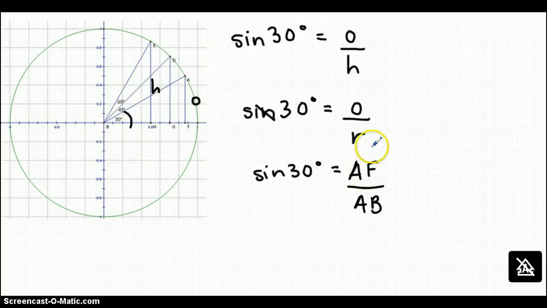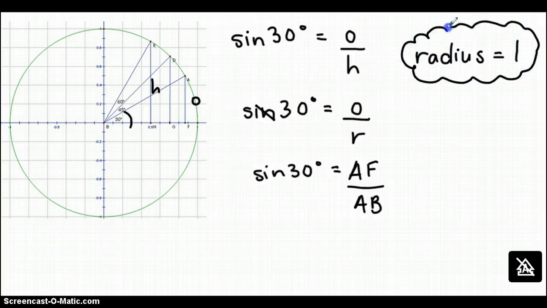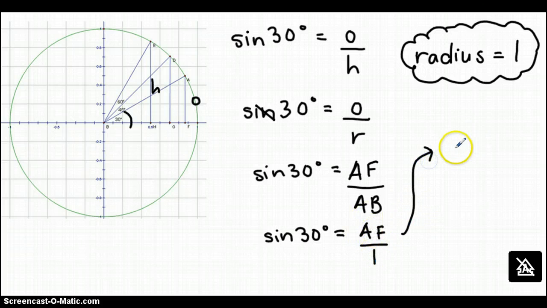So we now know that the radius, because this is a unit circle, is equal to 1. So where R is, or where AB is, we're going to substitute the value 1. So we have AF over 1. And we know that when we divide anything by 1, it just gives us that value. So right here we have sine of 30 degrees equals just AF.